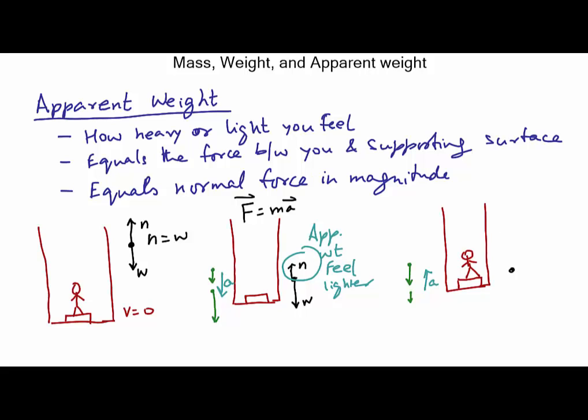So in my free body diagram, the weight still is the same as always. That's the force of Earth on you, and since your mass hasn't changed, and since you're still near the surface of the Earth, the weight's still the same, but the normal force now grows in order to have this acceleration. And so the apparent weight relates to the normal force, and so you feel heavier.